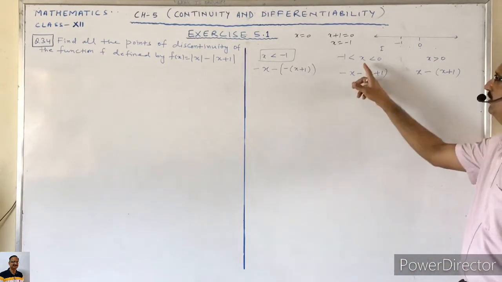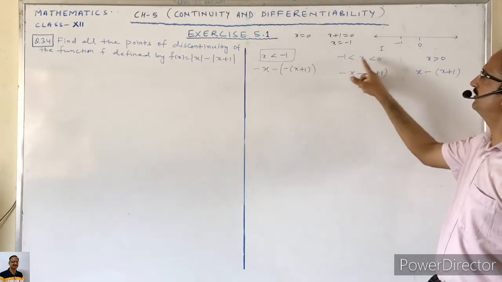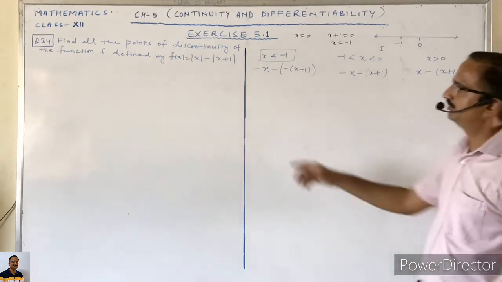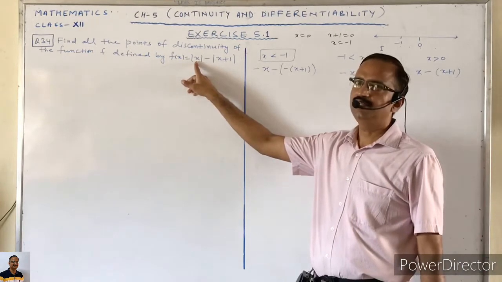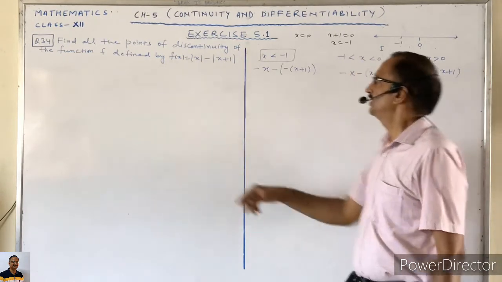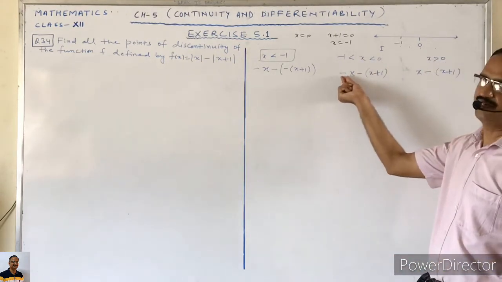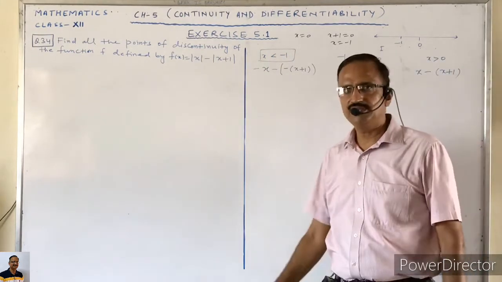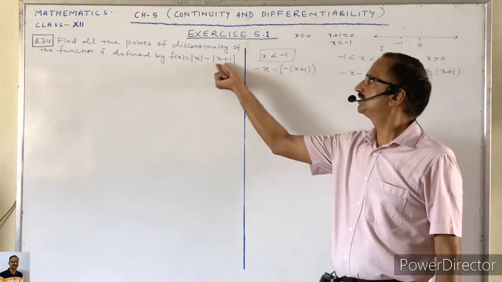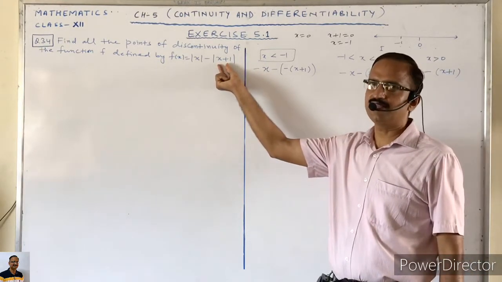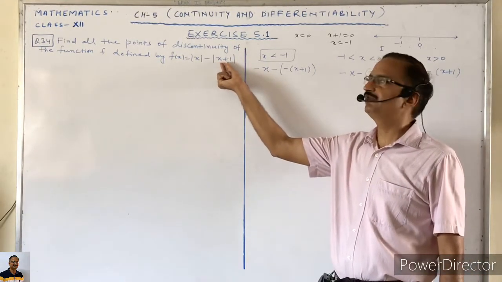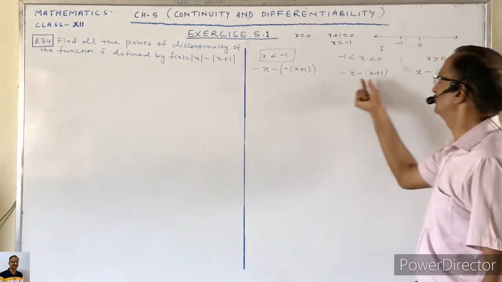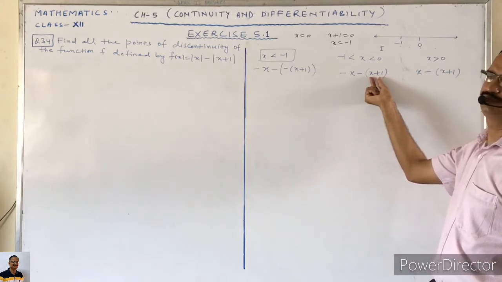Okay? Now when x lies between -1 and 0, suppose -1/2. When we put -1/2 here, it is negative. That's why we are putting the minus sign. Now this is the sign which is given in the function. Now come to this. When we put x = -1/2, then -1/2 + 1 is plus 1/2. It means this is positive.